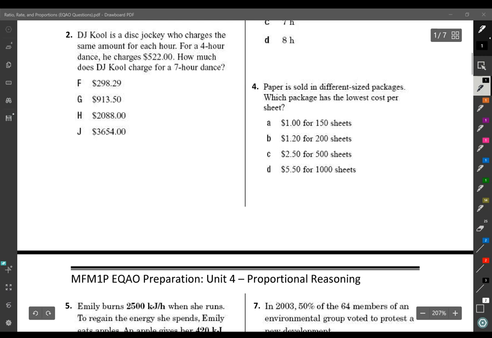Okay, question 2. DJ Cool is a disc jockey who charges the same amount for each hour. For a 4-hour dance, he charges $522. How much does DJ Cool charge for a 7-hour dance? So again, we're going to set up a ratio.